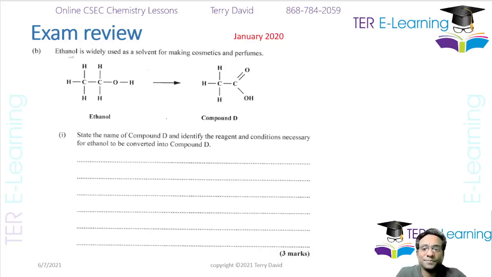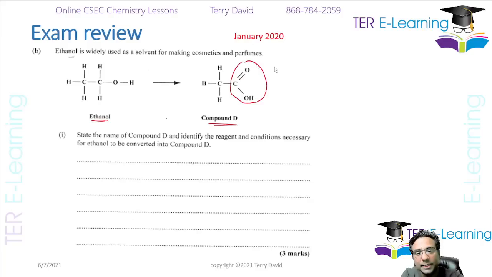Next part now. Ethanol is widely used as a solvent for making cosmetics and perfumes. Now they're showing you a reaction here, going from ethanol to compound D. You started off with ethanol, and compound D is a carboxylic acid. How do I know that?